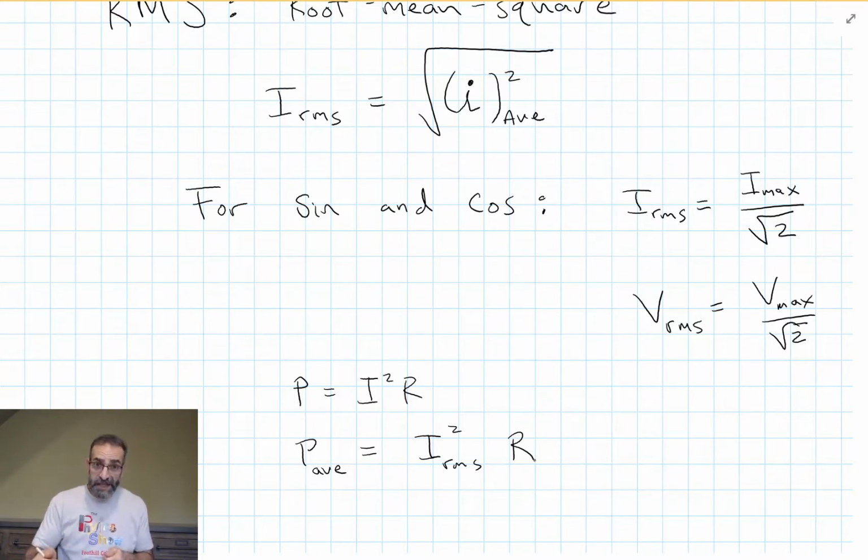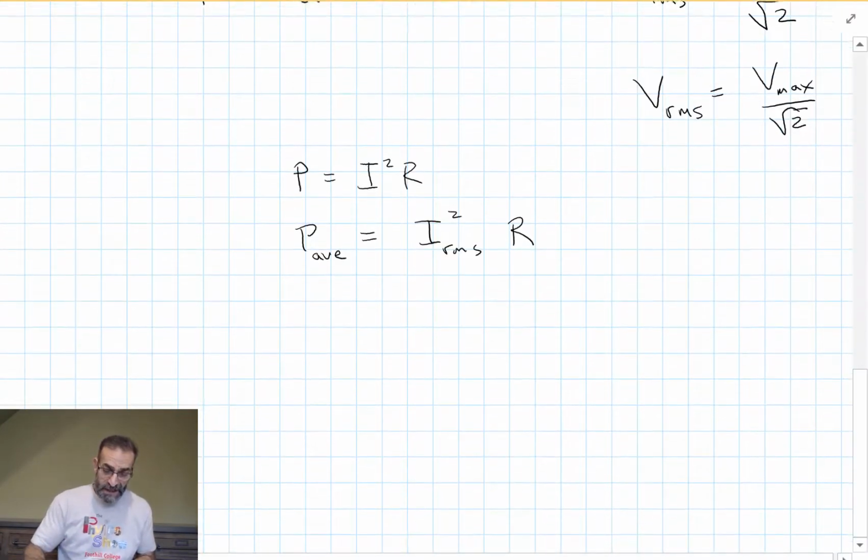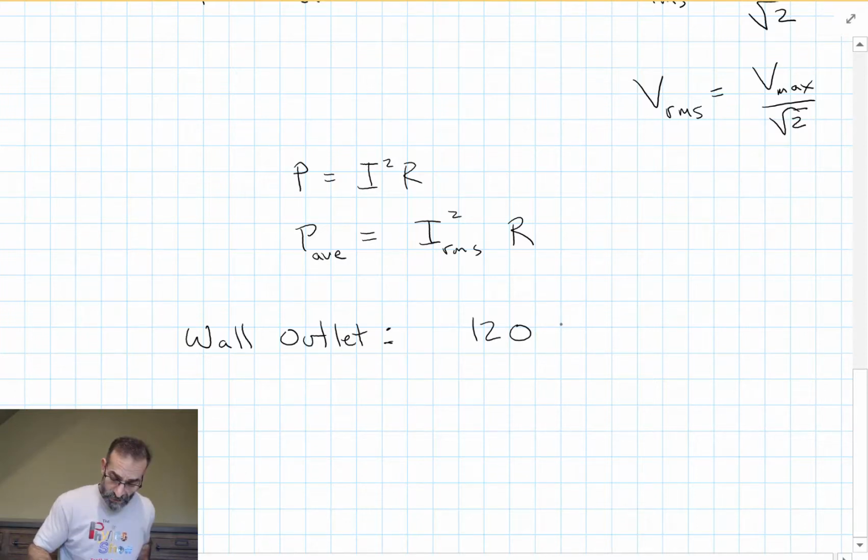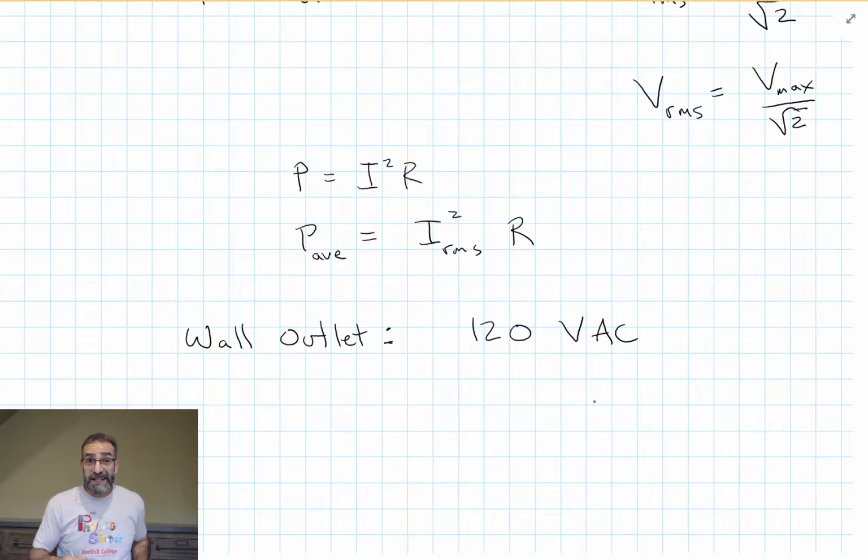So you take it and you plug it into the wall. In the United States, what do we get out of our wall outlets for a voltage? 120 volts AC. What is that? That's the value you'd get if you plugged a multimeter in and measured the voltage. That's the RMS value.